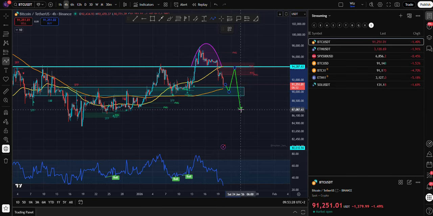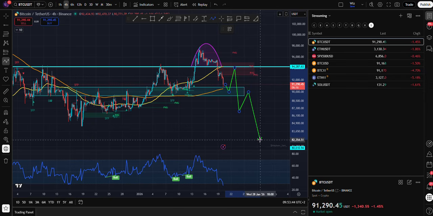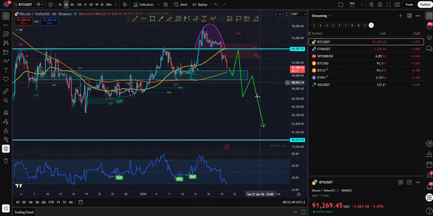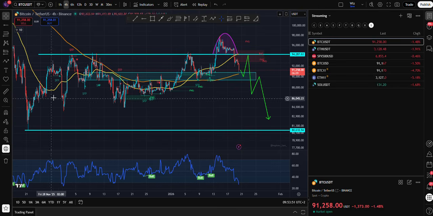Then the first level of interest is around 87K. That's close to yearly open and monthly open, obviously. Then looking for a relief back to 90K, and then finally the move down, which I think will be an aggressive one because we don't have much traded volume during this level here.